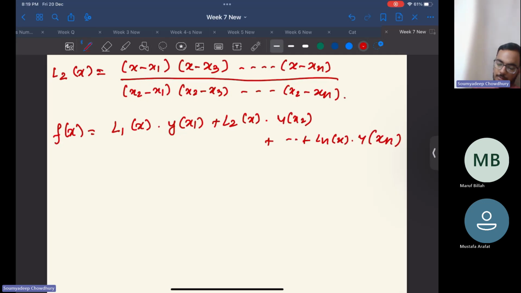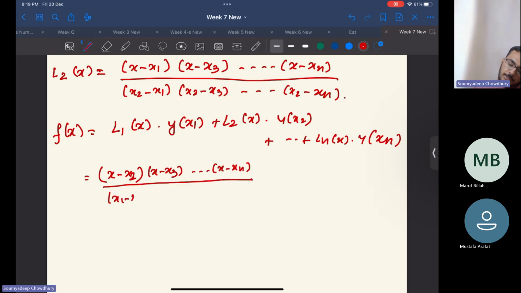If we substitute L1 of x, it is (x minus x2)(x minus x3) up to (x minus xn) upon (x1 minus x2)(x1 minus x3) up to (x1 minus xn), multiplied by y of x1. Similarly, I'm not writing the other terms; the final term I'm writing.